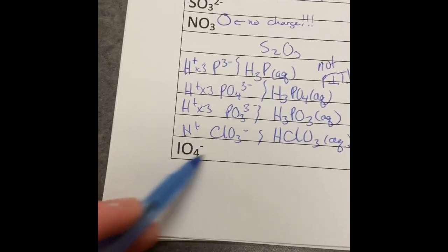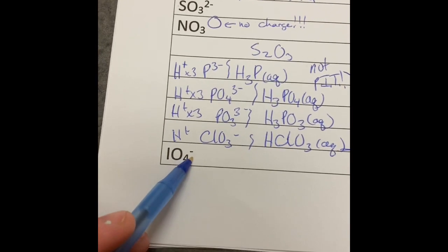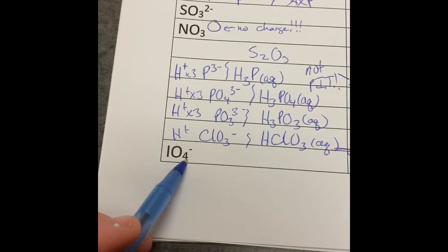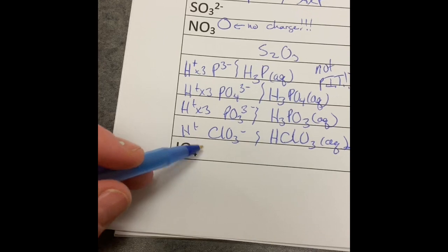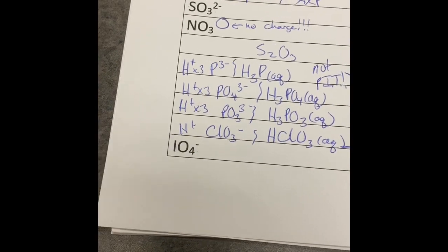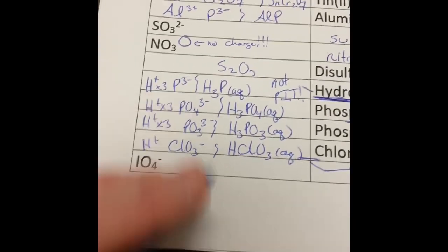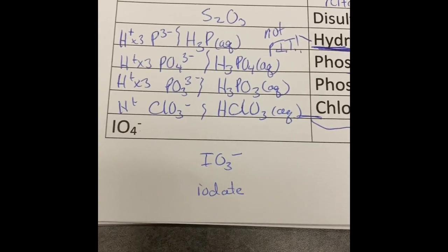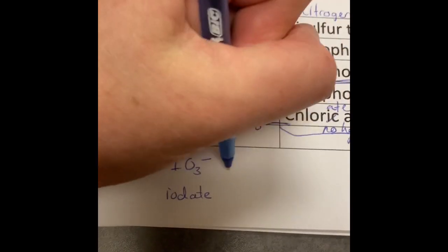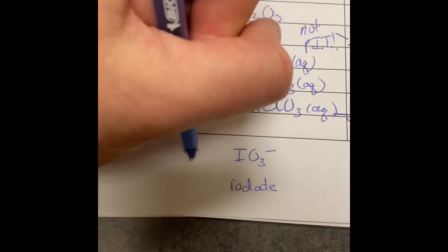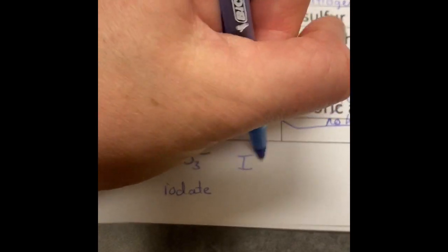Finally, we get to this one right here. I see a charge, so that charge tells me that it's probably a polyatomic ion, because there are many atoms and it's got a charge. To drive this point home, IO3 negative is iodate. We clarified it when we first did our periodic table. Therefore, let's go this way actually. IO2 negative would be iodite.